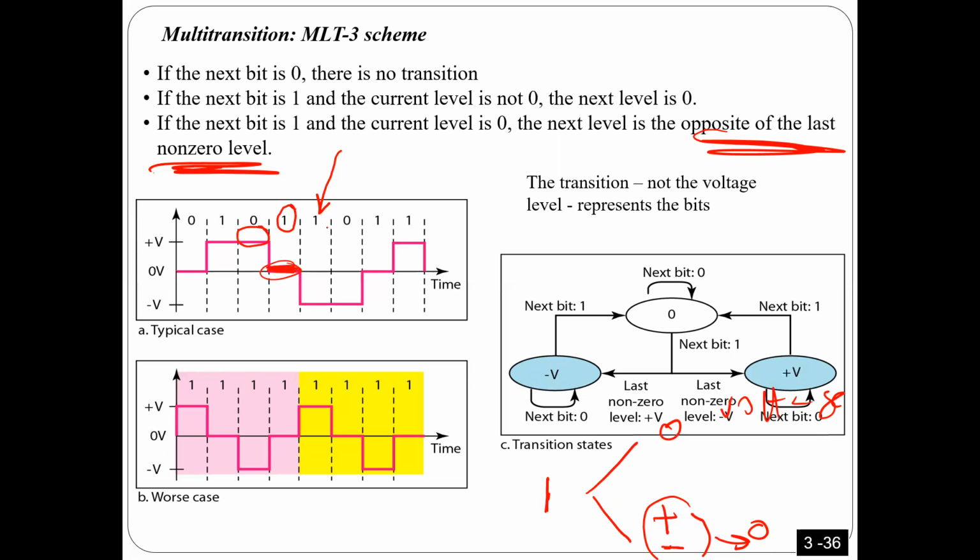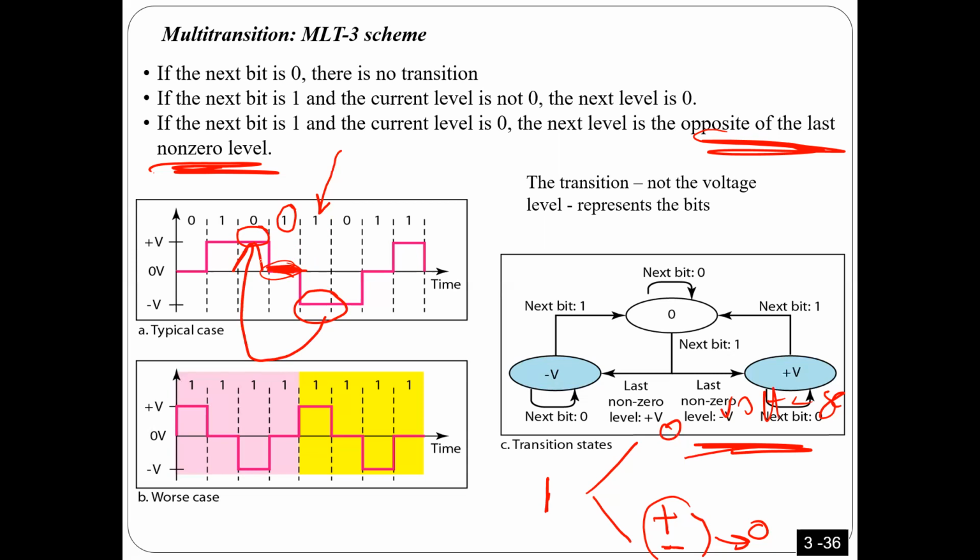And next one, be careful because it's a little bit confusing. I'm saying the voltage is 0, and now the next one is 1. In this case, because it is 0, the voltage here has to be the opposite of the last non-zero, and this is the last non-zero here. The last non-zero was positive, so I'm going to make it negative, as you see.